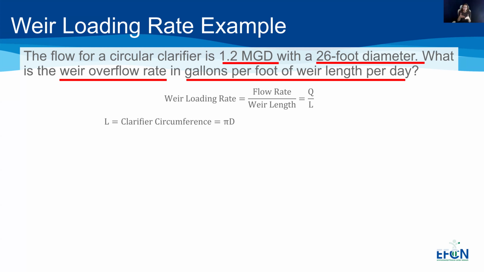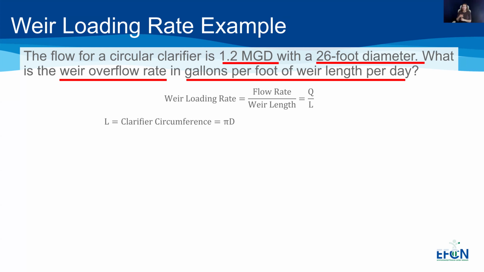So given that, we also need to find our length. Now, we are not given the length directly in this question. However, we are given the diameter. If you guys remember from our previous training, the way that you would find the circumference of a circle is by multiplying the diameter of that circle by pi.